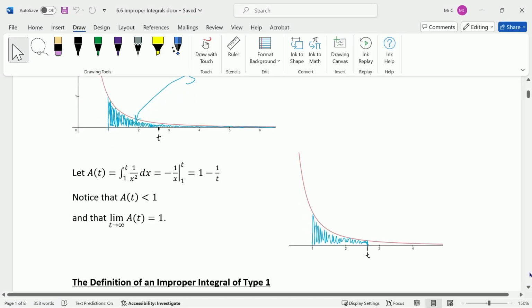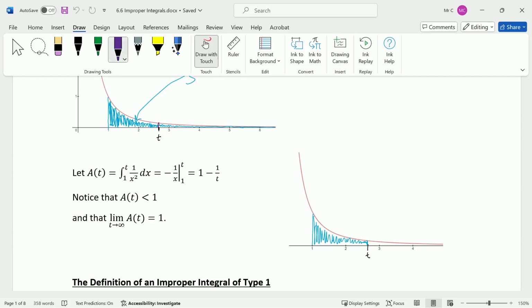So let's go ahead and, just as a little example here, try to set up the integral for this thing. And what do we get? So we're going to let our area function be the integral from 1 to t of 1 over x squared dx. So right now what I'm doing is just computing the integral from here to here, where t is just some stopping point on the graph.